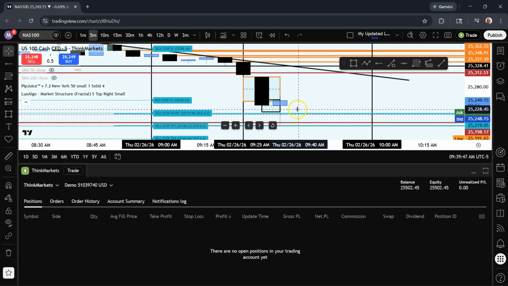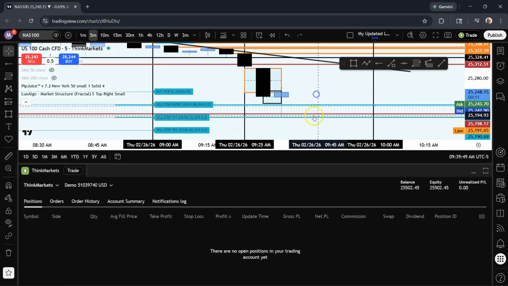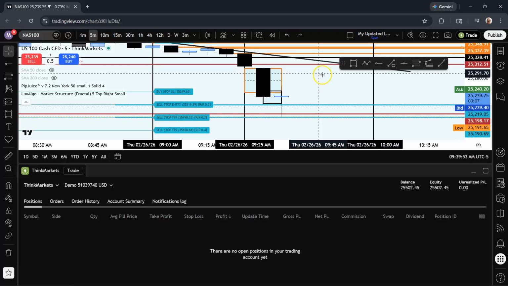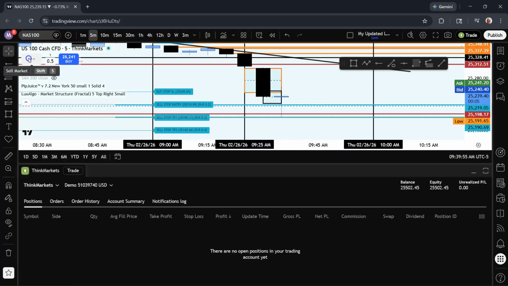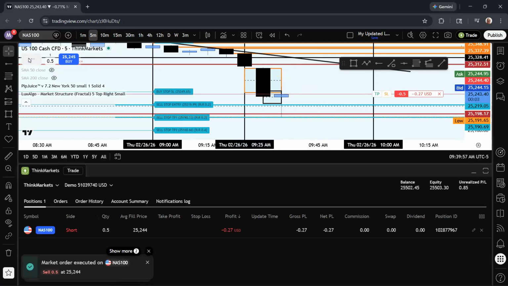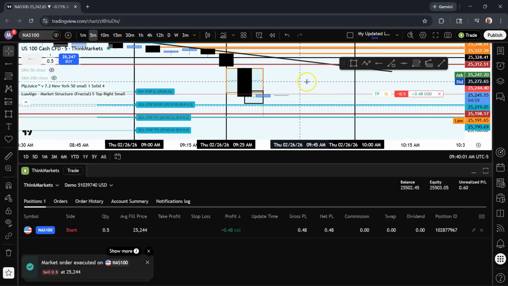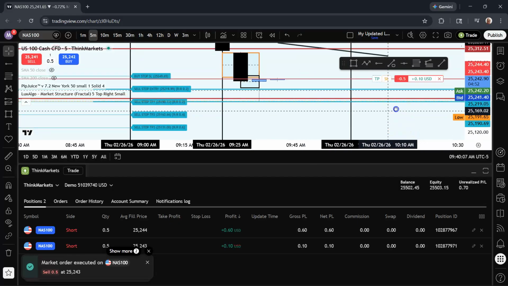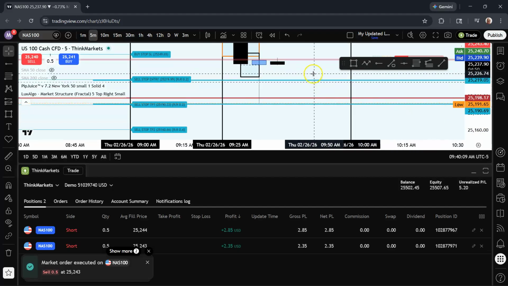I mean, I can get back in. It always does that. It hunts your stop and then reverses and go back in. Let me go back in and see what happens. Placed 2 trades.